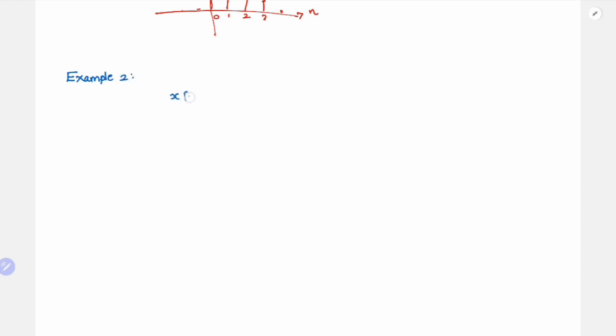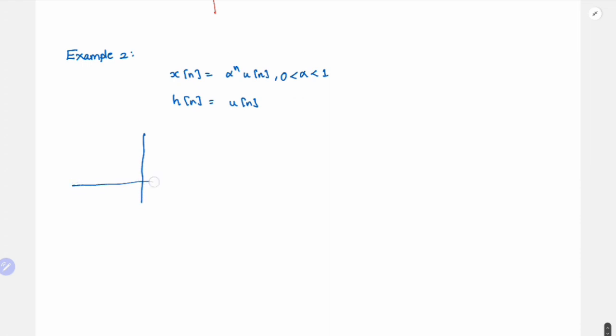So let's say my x of n is alpha power n u of n. Of course, we can say alpha is less than 1. And let's also say it is a positive number. Okay. And my h of n is nothing but u of n. So how will my signals look like? My x of n will look like this.